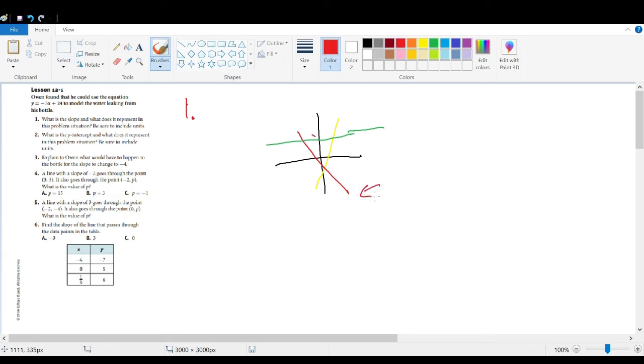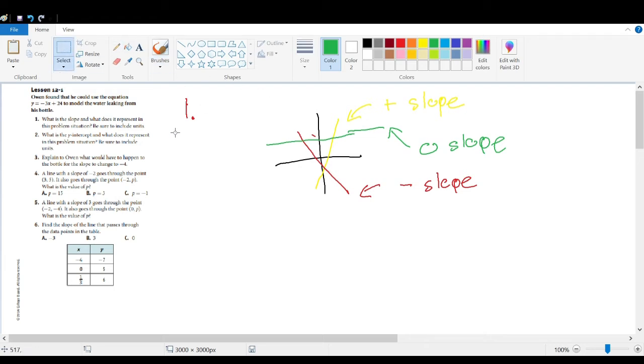This is negative slope, positive slope, and this is zero slope. I know it doesn't look like zero slope, but just assume it's a flat line. So zero slopes always have flat lines. Positive slopes are always going upwards, and negative slopes are always going downwards as x increases.